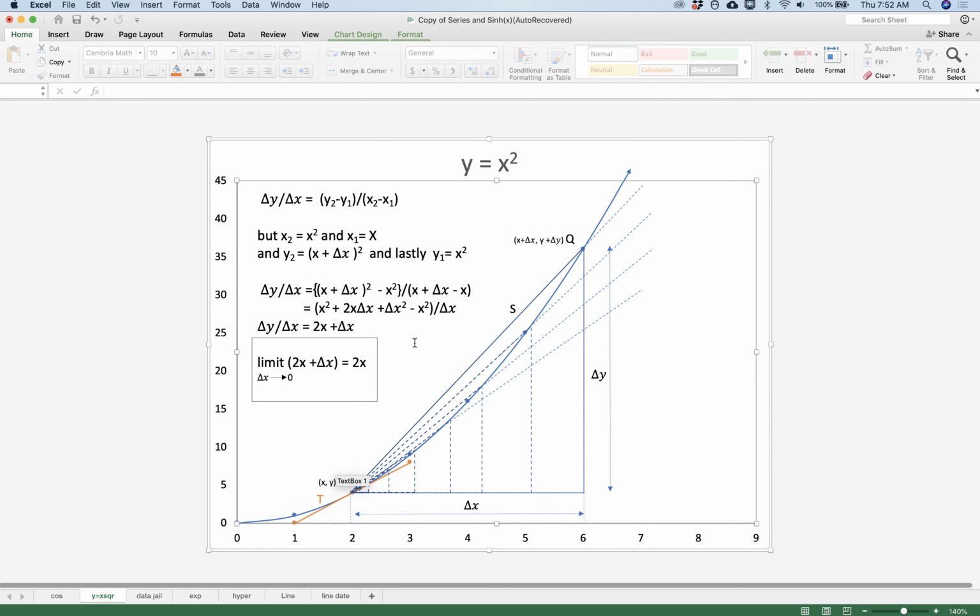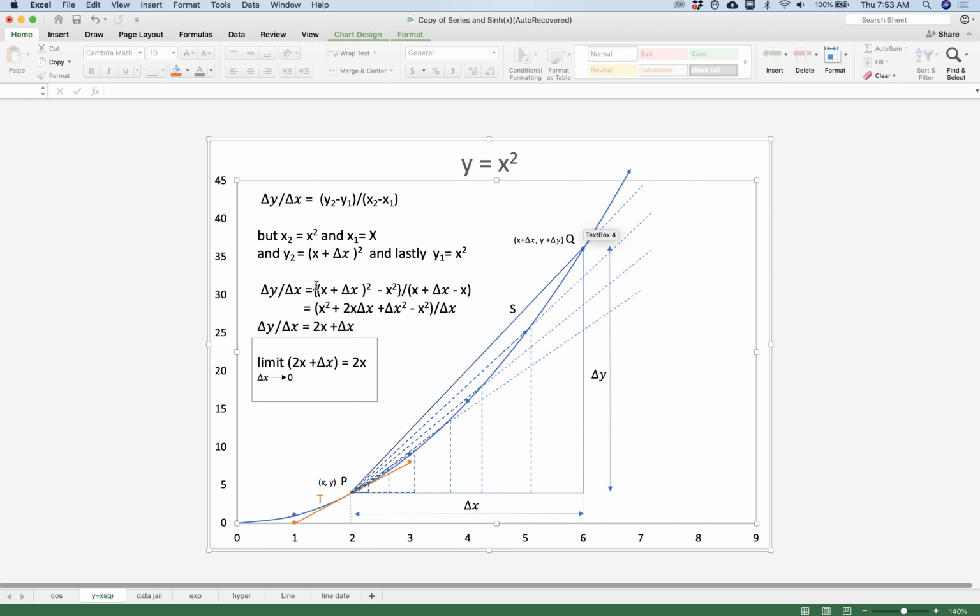So we start out with our typical generalization for a tangent line, let's say as if it were a linear situation. It's an approximation, y2 minus y1 over x2 minus x1.